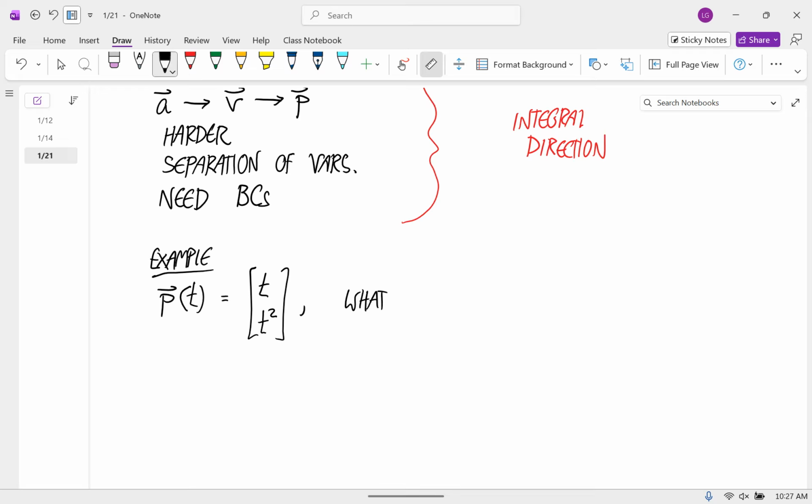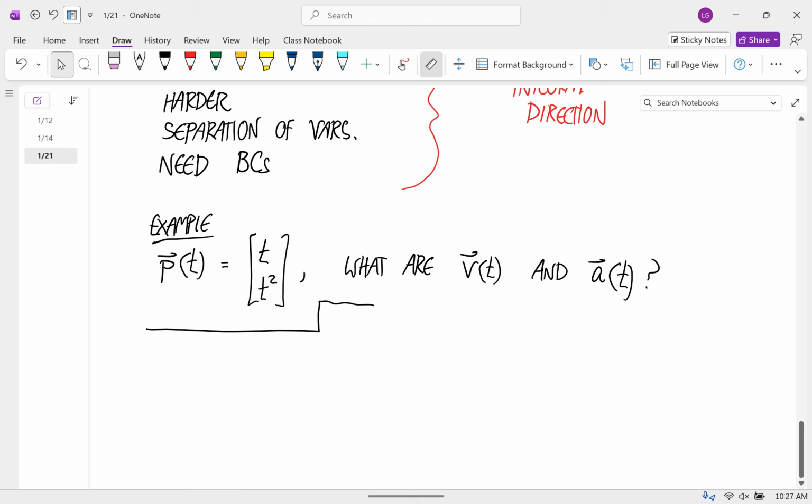And we want to know what are the velocity vector as a function of time and the acceleration vector as a function of time. Well, which direction is this? The derivative direction or the integral direction? Yeah, we're just taking derivatives.